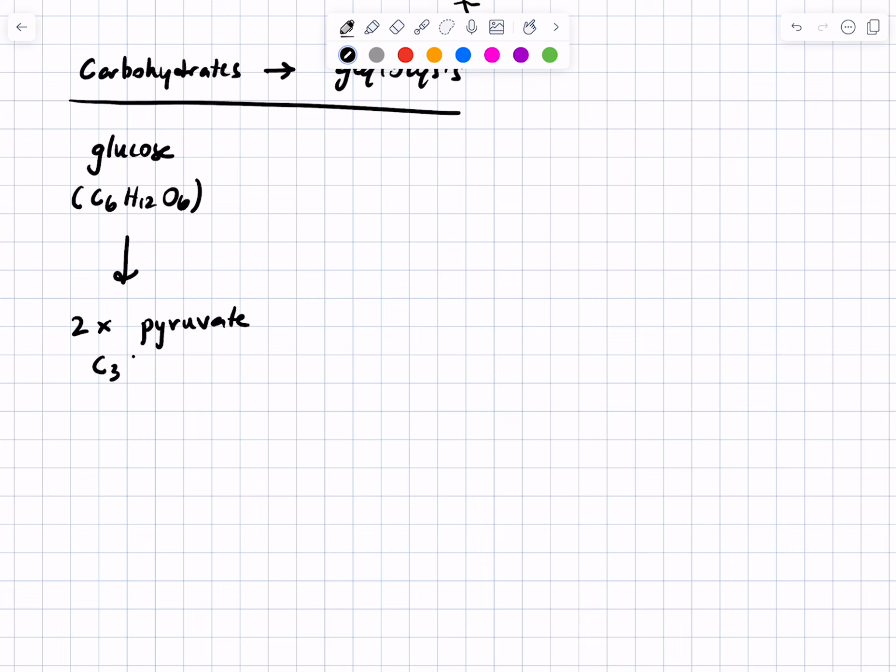and then convert it into 2 molecules of pyruvate, which is C3H4O3, and I'll draw that here. And then along the way, we're going to convert 2 ADPs and just a phosphate group into 2 molecules of ATP.